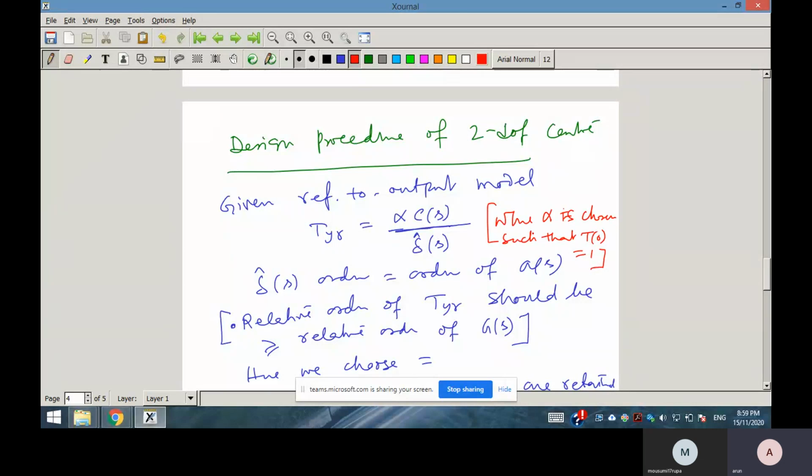That means the steady state tracking error will be 0 if T_YR(0) equals 1. So alpha is chosen such that alpha times C(0) divided by delta hat(0) equals 1. That means alpha should be chosen as delta hat(0) divided by C(0).